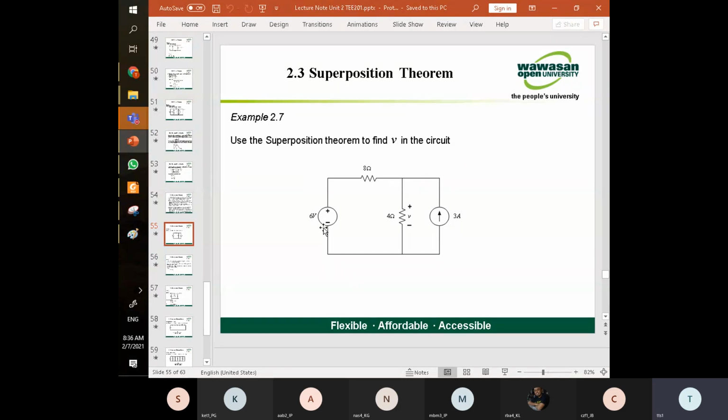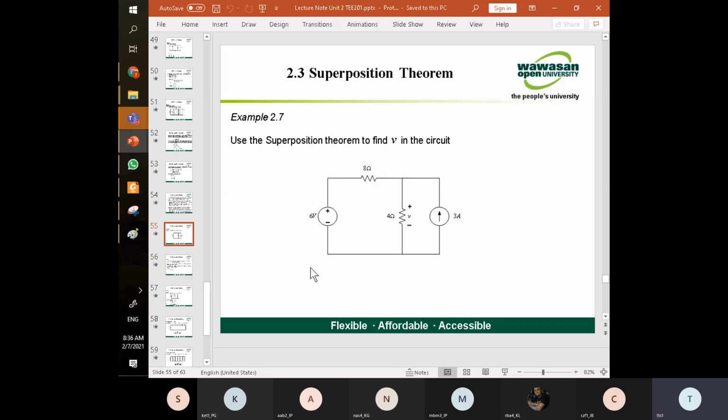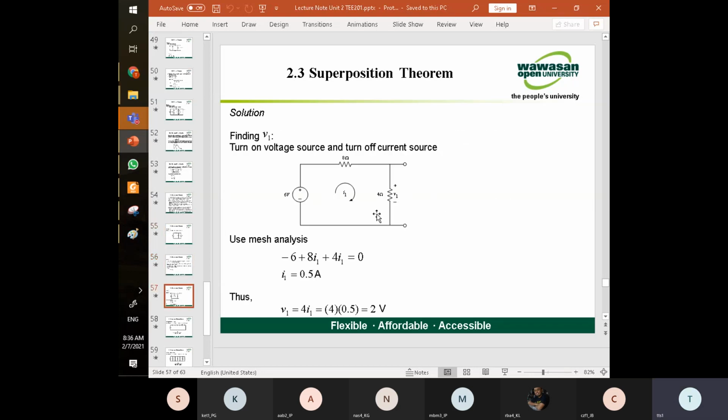Use the superposition to find the voltage V, the voltage across the resistance. First, we need to let V equal V1 plus V2. This is V1, plus V2.